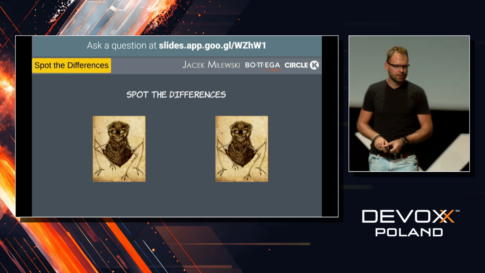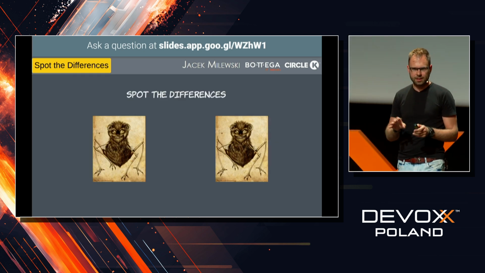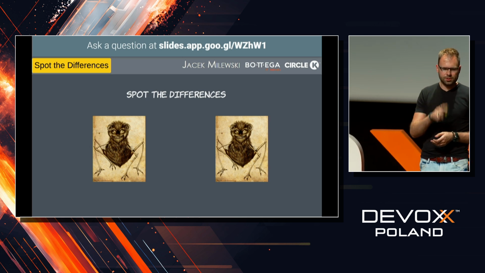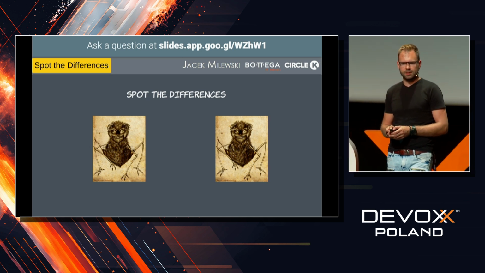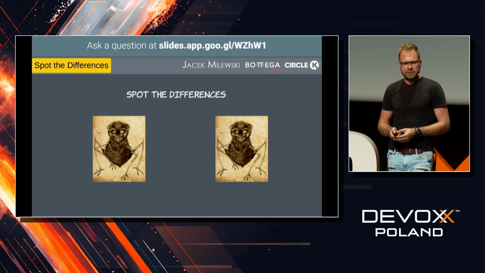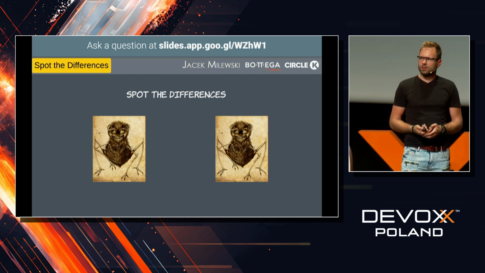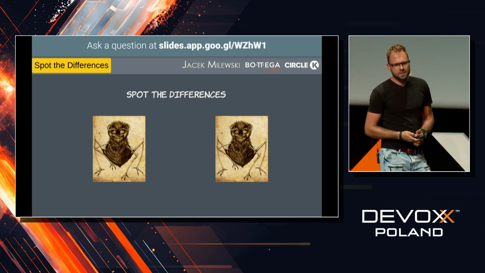There's this creature. If anyone spots the difference within 10 seconds, raise a hand. There's this creature, it's Bebok. In Silesia, they were scaring little children with it, saying it will come and hurt you or scare you. No hands up, because there is no difference.